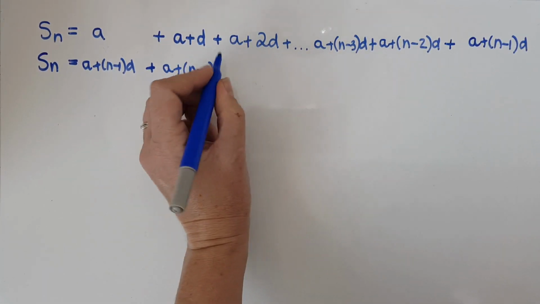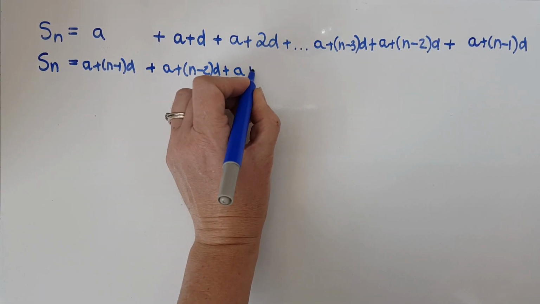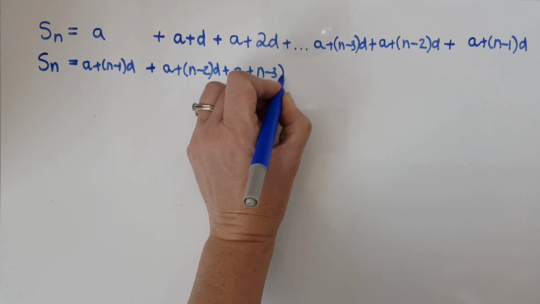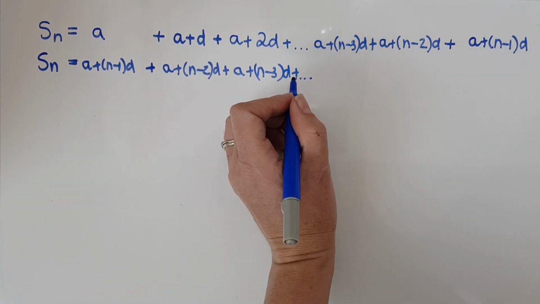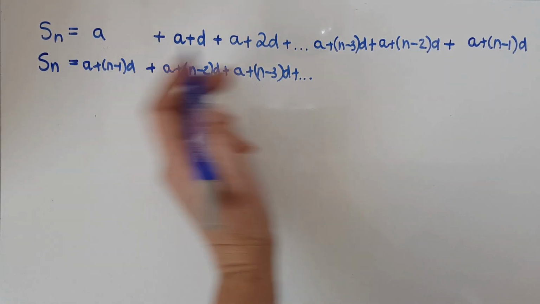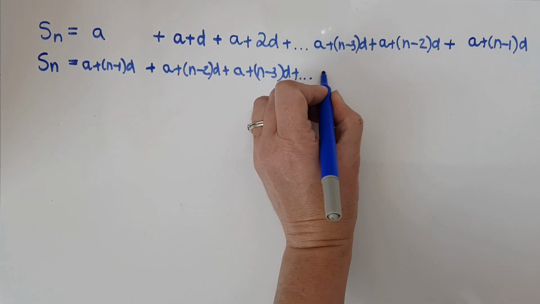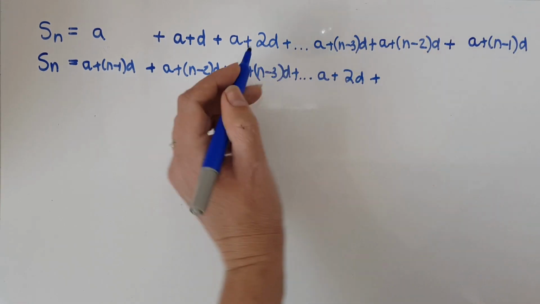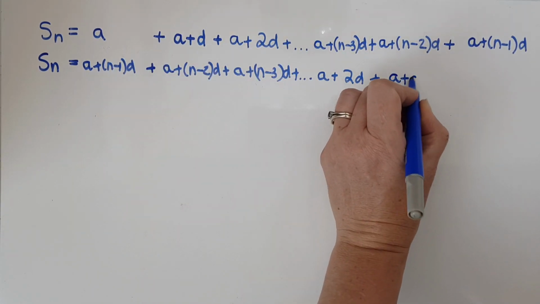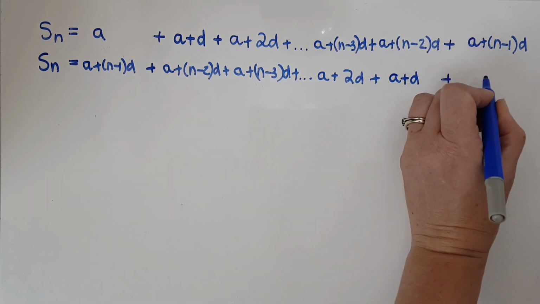The one that goes under here is going to be a plus n minus 3d, right? Dot, dot, dot. I'm just managing here. And then it's going to be this one, this one, this one. So this one gets added to a plus 2d. This one will be a plus d. And then this one will just be a.